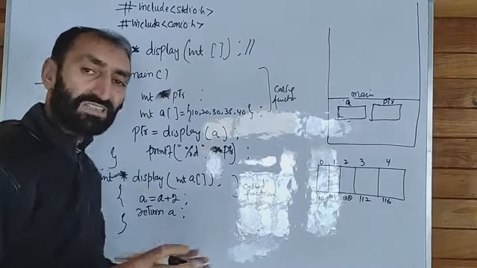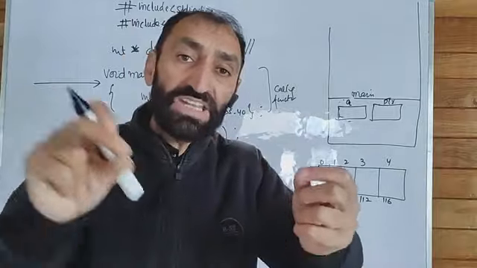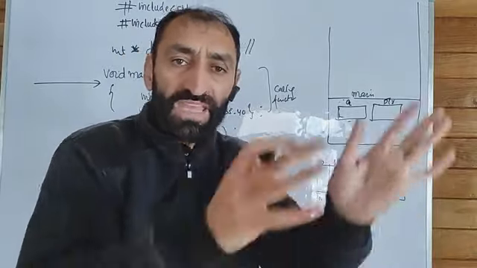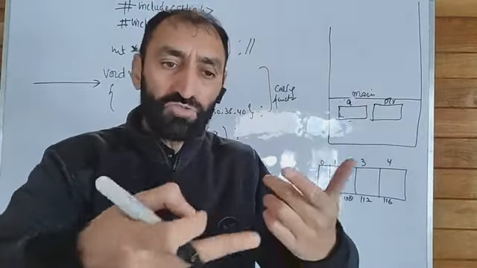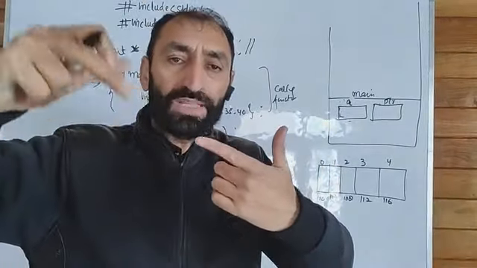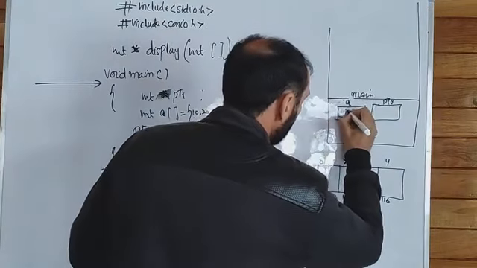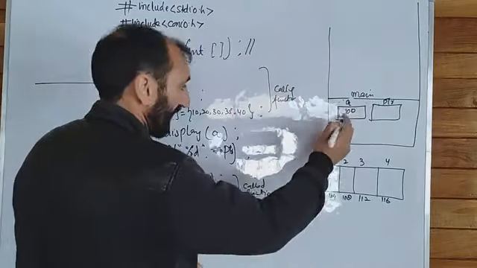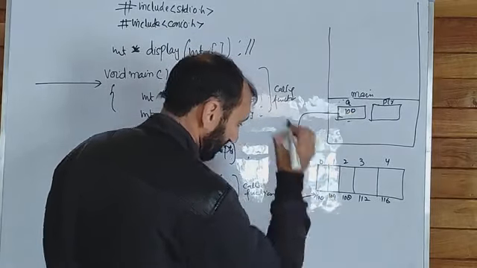We know that the name of the array contains the address of the first byte. It's the internal pointer, because automatically the name of the array stores the address of the first byte. What is the address of the first byte? That means 100. That means 100 is going to be stored here, and this 100 then points to this one.